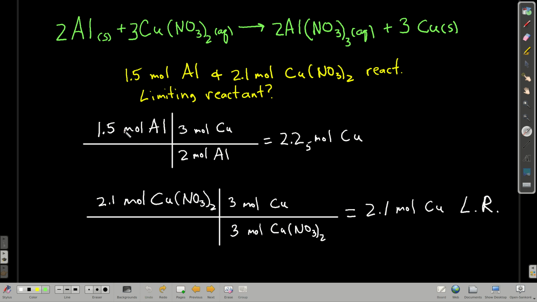So if we have 1.5 moles of aluminum, again using our mole-to-mole ratio from our balanced equation, we see that we can make 3 moles of copper per every 2 moles of aluminum, and we calculate about 2.3 moles of copper can be produced from this many moles of aluminum. Doing the same for the moles of copper 2 nitrate, we see that we can make 2.1 moles of copper. Because this is smaller than this, we know now that copper 2 nitrate is our limiting reactant. And that way always works.